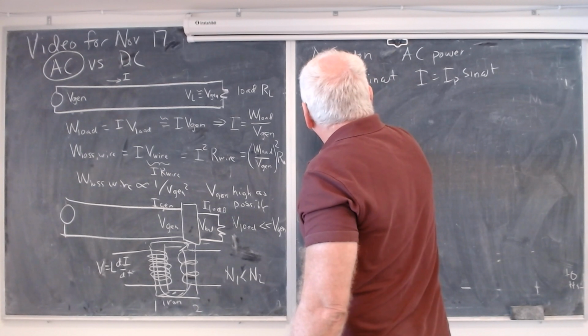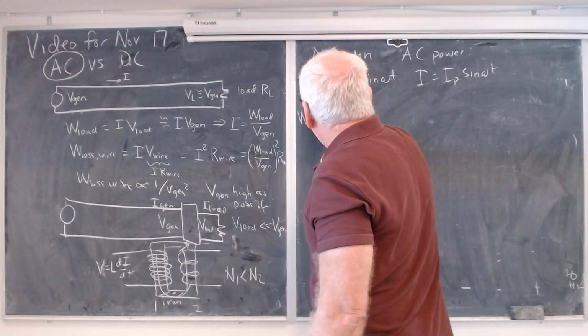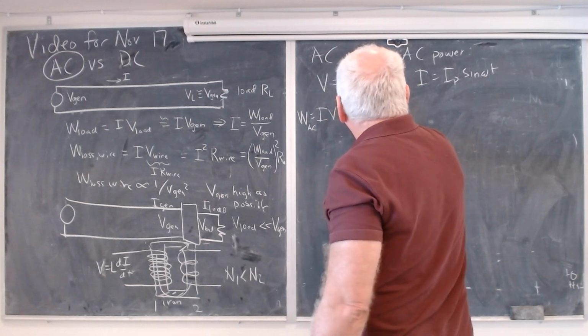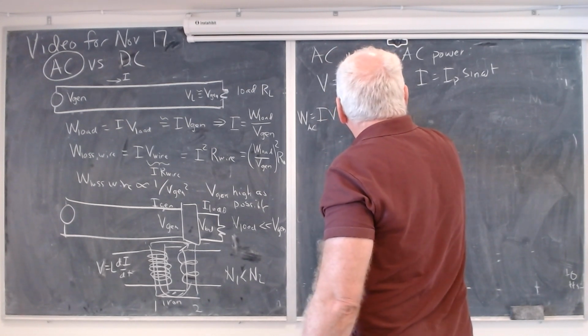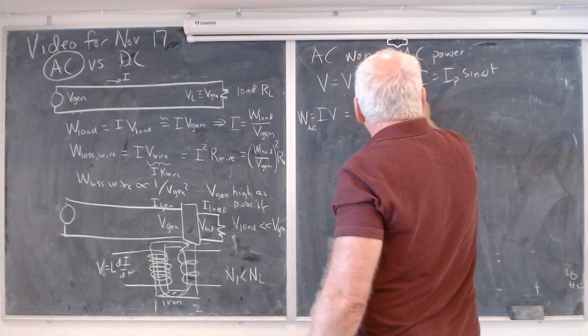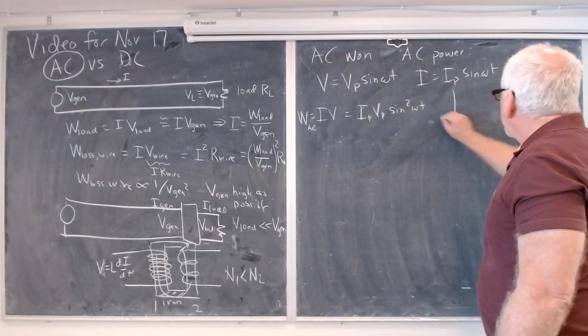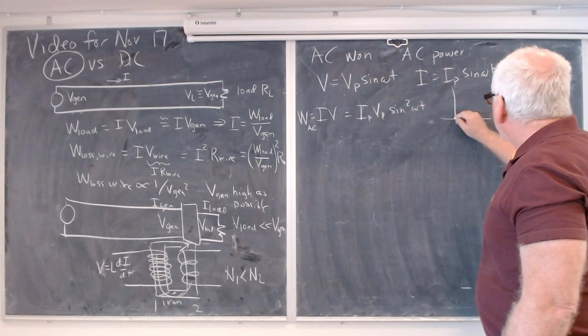So IV, that's my power, AC, is IP VP sine squared omega t. Now, sine squared omega t, right, looks like this.